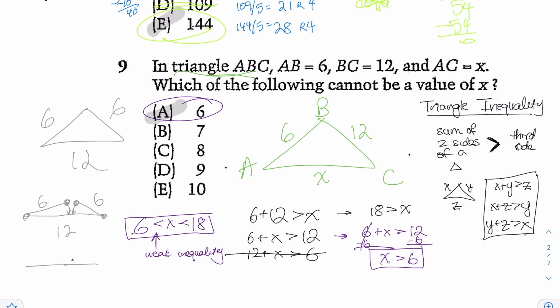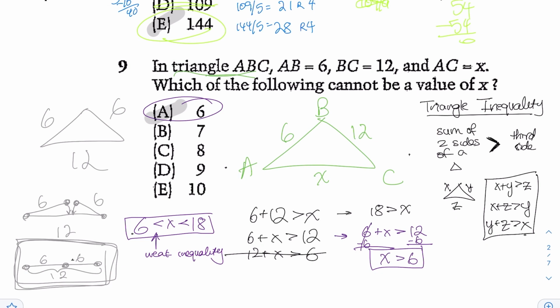They'll meet right on the line, right on the base, because 6 plus 6 is equal to 12. So, of course, that's not a triangle. This is not a triangle. This is just a straight line. So that's why A cannot exist.